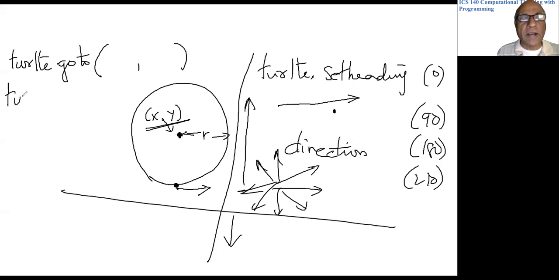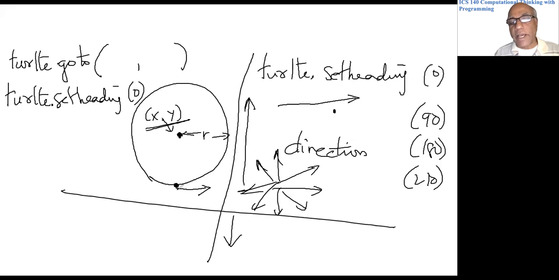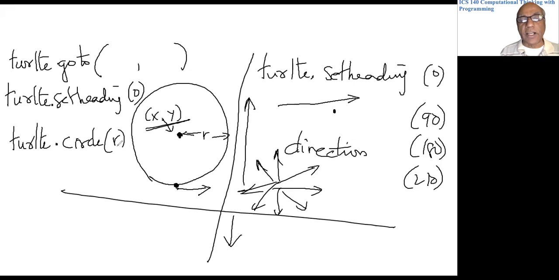Then I will set turtle dot set heading, zero. So that will set the direction to zero. Now you can write turtle dot circle and R. Assume that R has some value in it, like 100 or whatever.